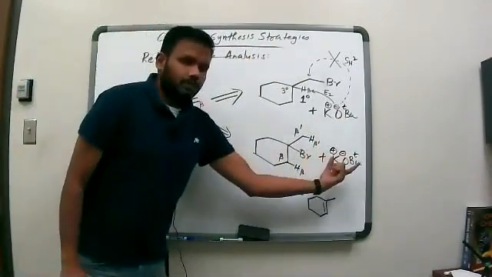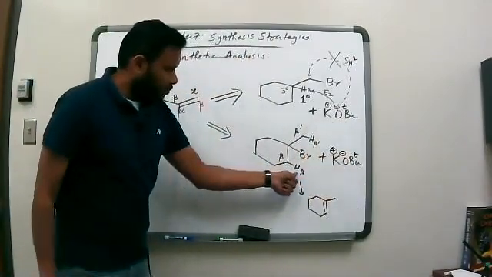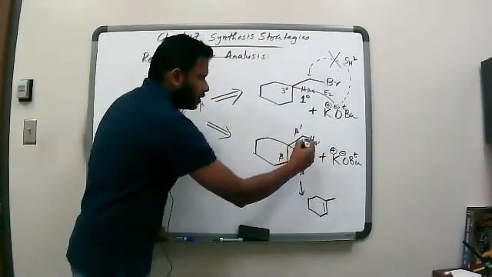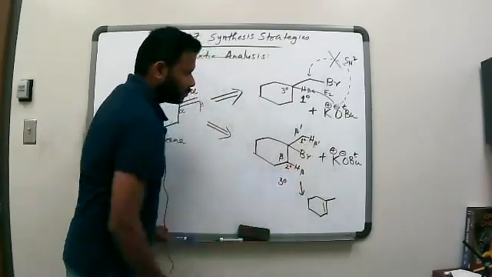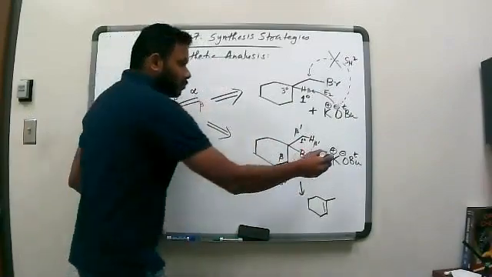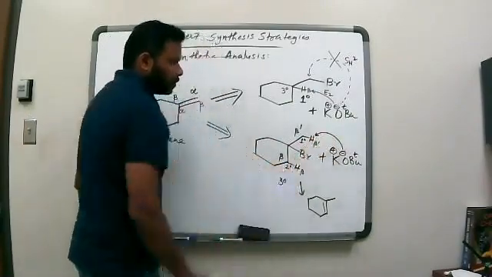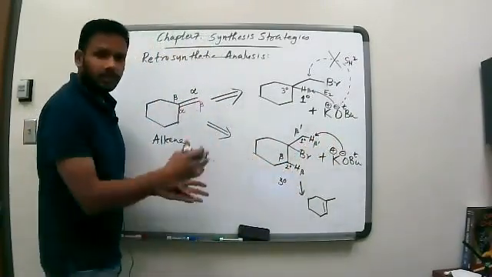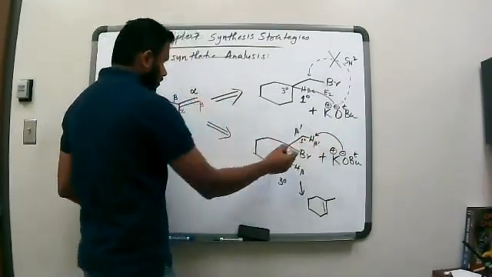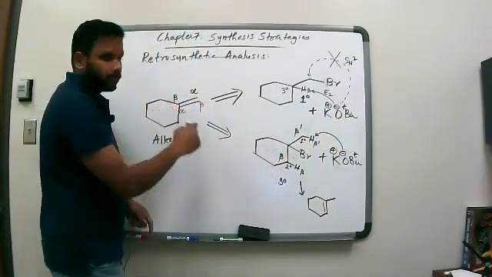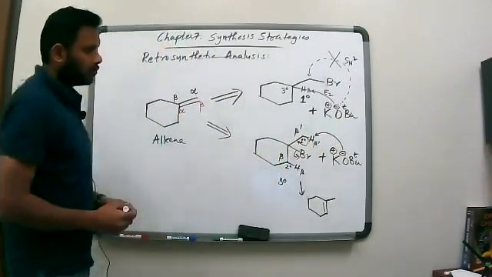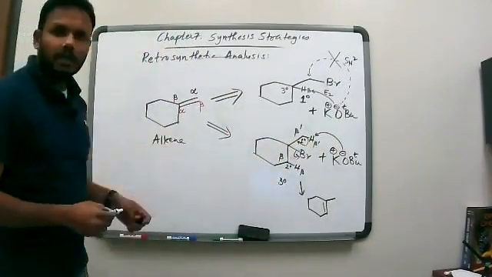Now, because this is a bulky base and H beta is a secondary hydrogen, whereas H beta prime is a primary hydrogen, the big base would go and deprotonate H beta prime, the less sterically hindered hydrogen. And that would give us the product that we want because those electrons would come down and then the bromine would get kicked out to give us the alkene that we want.